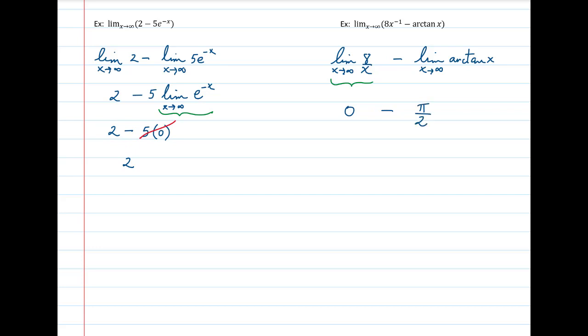And the limit of arctangent of x as x goes to infinity is pi halves. So this whole limit is negative pi halves. That's something you might want to recall from your trigonometry class: you have horizontal asymptotes of negative pi halves and pi halves for arctangent of x. So remembering those graphs comes in handy when evaluating these types of limits.